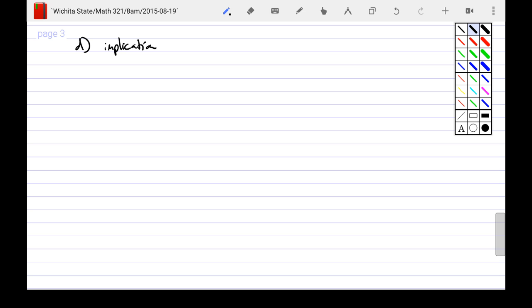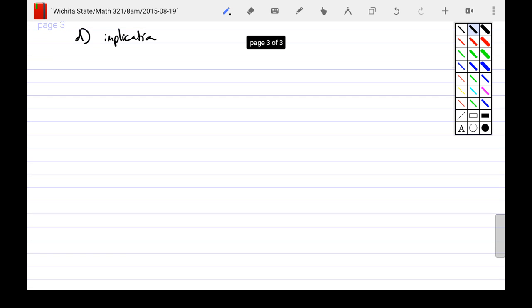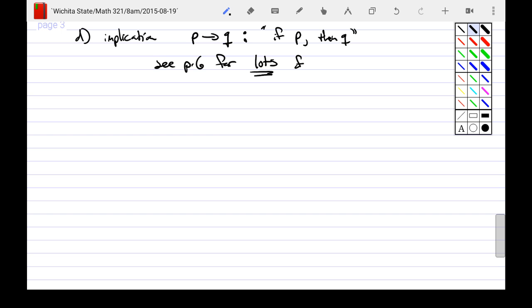Symbolically, this is P arrow Q. Normally, we say the words if P, then Q. See page 6 for lots of ways to say P implies Q. This is also called the conditional.